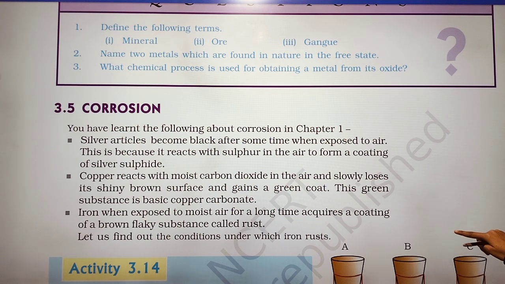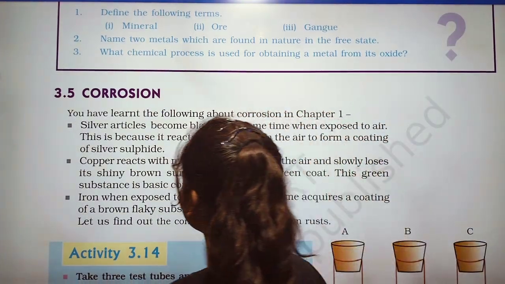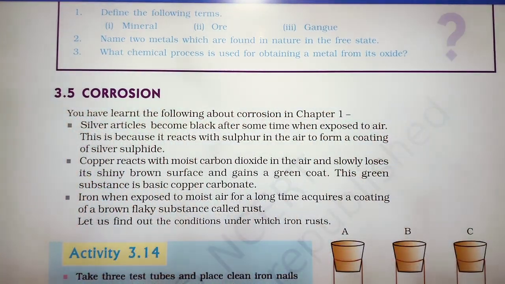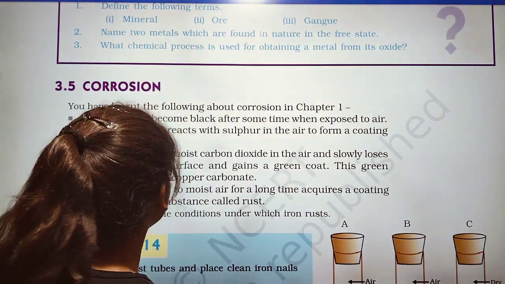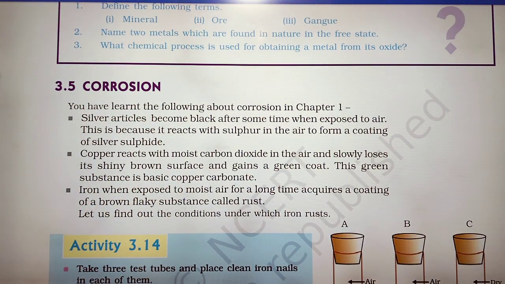Silver articles become black after some time when exposed to air. This is because it reacts with what? Sulfur in the air to form a coating of silver sulfide.